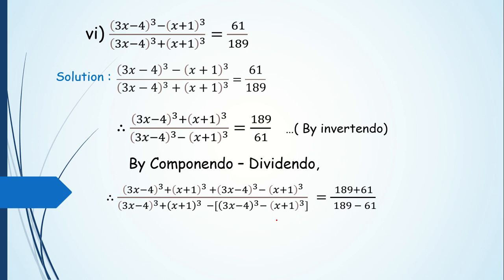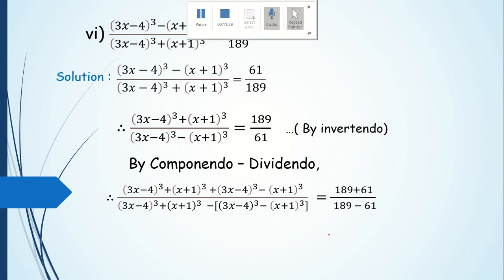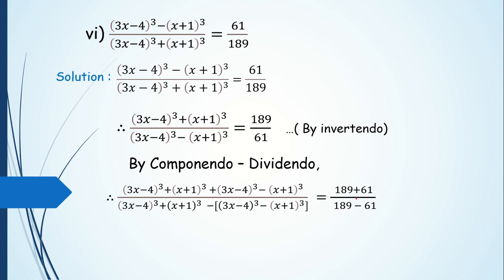Now here, since there is a minus sign, we are putting a big bracket over here, and this side also numerator minus numerator plus denominator upon numerator minus denominator. So that's 189 plus 61, 189 minus 61. Now we will open the bracket and we'll see what all is getting cancelled.